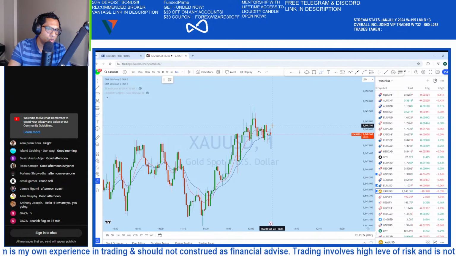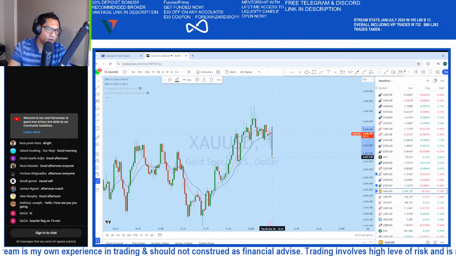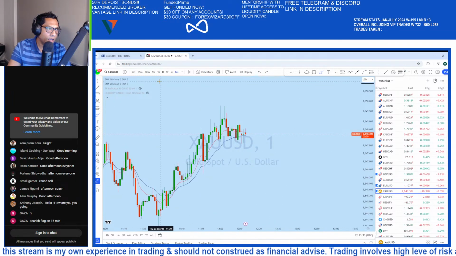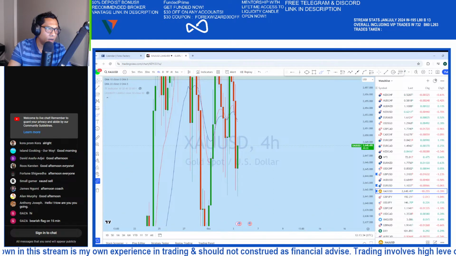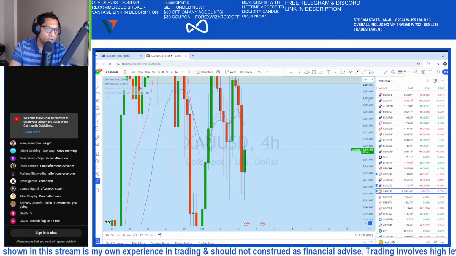In that 2 doji area, I'm expecting the market to break below. Let's see if the price is breaking below the support.